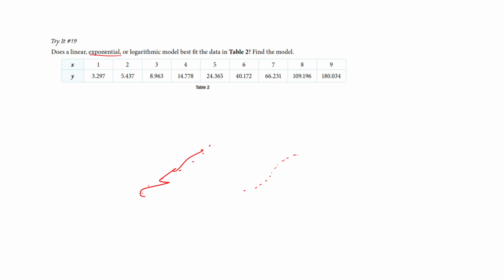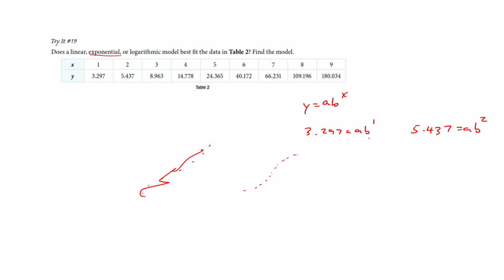But if you were doing exponential, and I'm not going to work all this through, it's going to be much more difficult because they didn't give us that initial value. I believe we saw some questions earlier in the section where we would need 2 points. So we'd have a b to the x, and I would do it twice. I would have 3.297 equals a b to the 1, and I would do it again for 5.437 equals a b to the second.